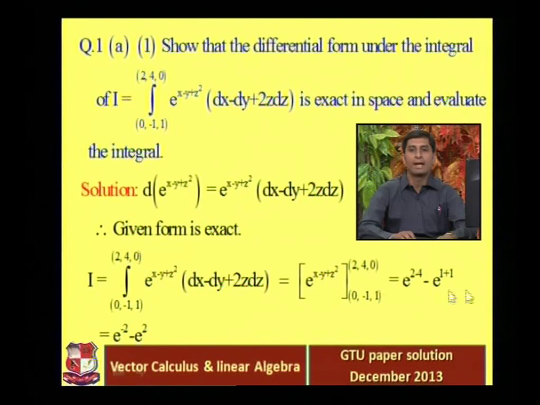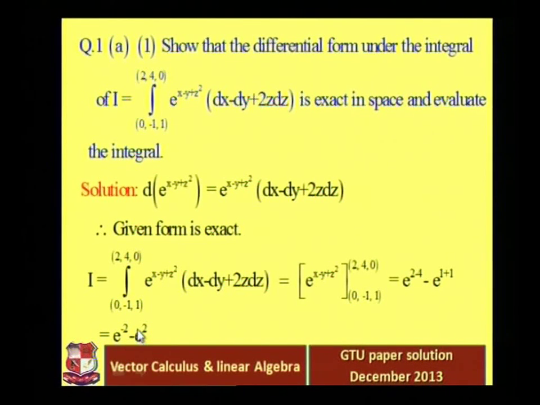When you put (0, -1, 1), you will get e raised to (0 + 1 + 1), that is e raised to 2. So the answer is e raised to -2 minus e raised to 2, that is 1 upon e² minus e², which is (1 - e⁴) upon e². Here is the complete solution. Next question.